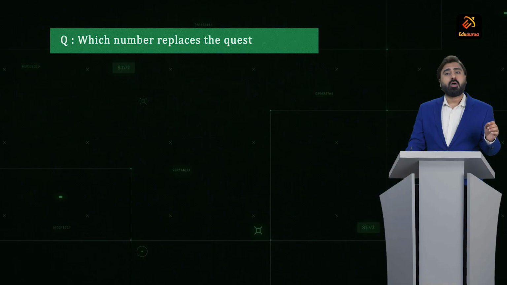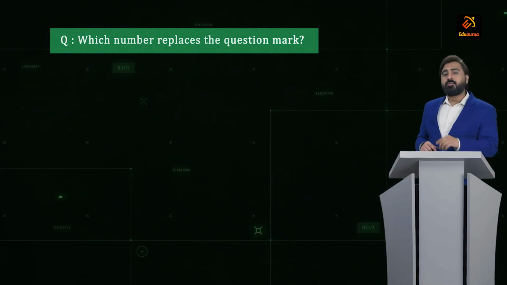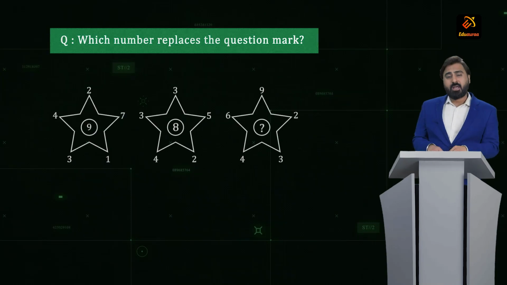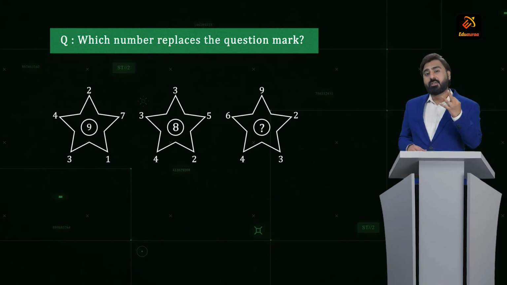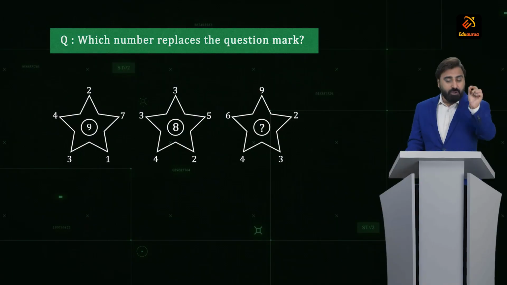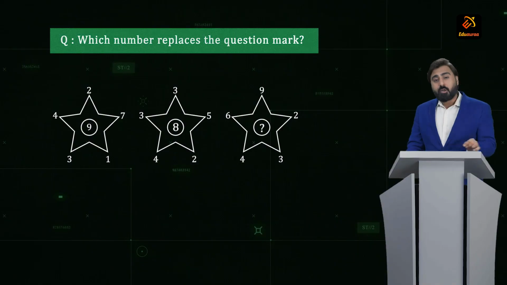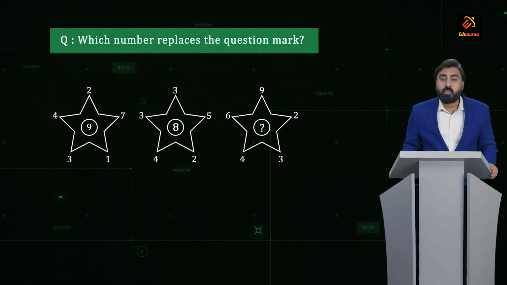The next question is, which number replaces the missing one or the question mark? Now, you are given a diagram. This diagram has 3 different stars and there are numbers placed on each point, and there is one more circle drawn in the star which has a number in it.